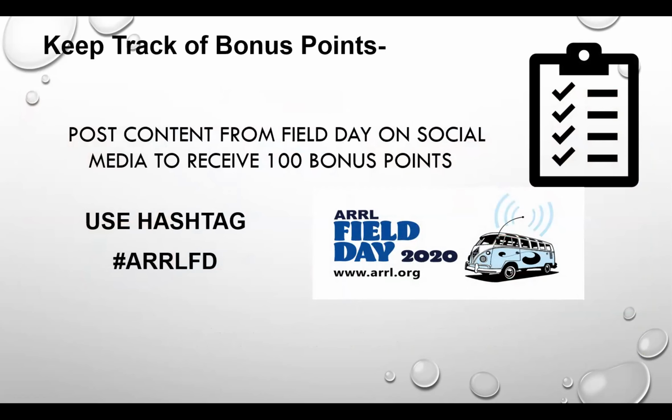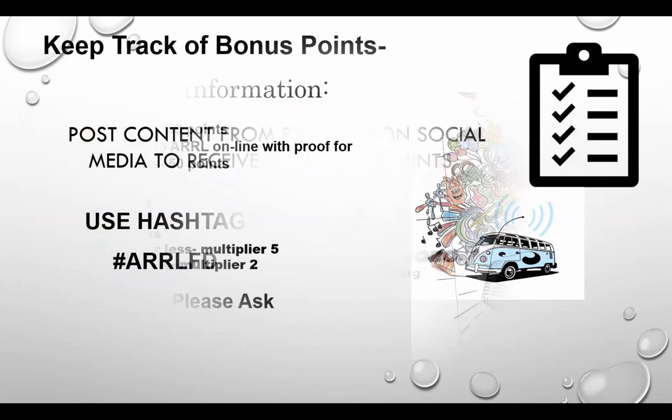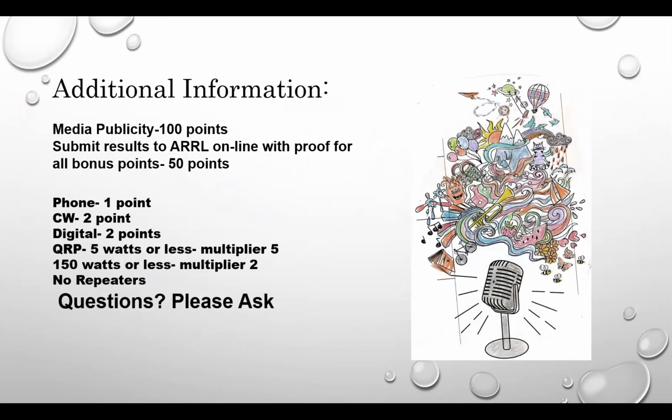And we get hashtag ARRL Field Day. We get 100 points for that if you post it online. Oh, I missed the one. Anyway, there's a form that the parents fill out. Go back. If you want to go back, just push the other arrow.